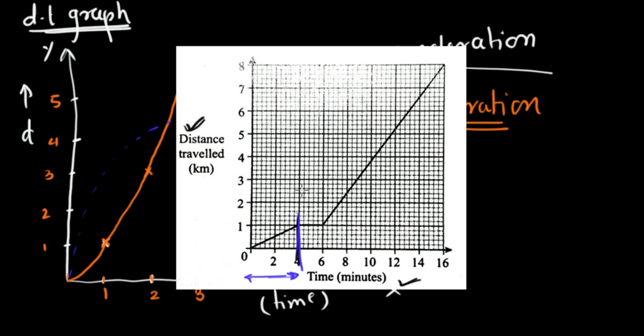And there is another part that is a flatter line, and from 6 up to 16 it seems to be a line which rises. If you remember the DT graphs we discussed, if you have made proper notes, you'll realize that from 0 to 4, since it's a straight line making an angle with the time axis, this is part 1, where there is uniform speed.